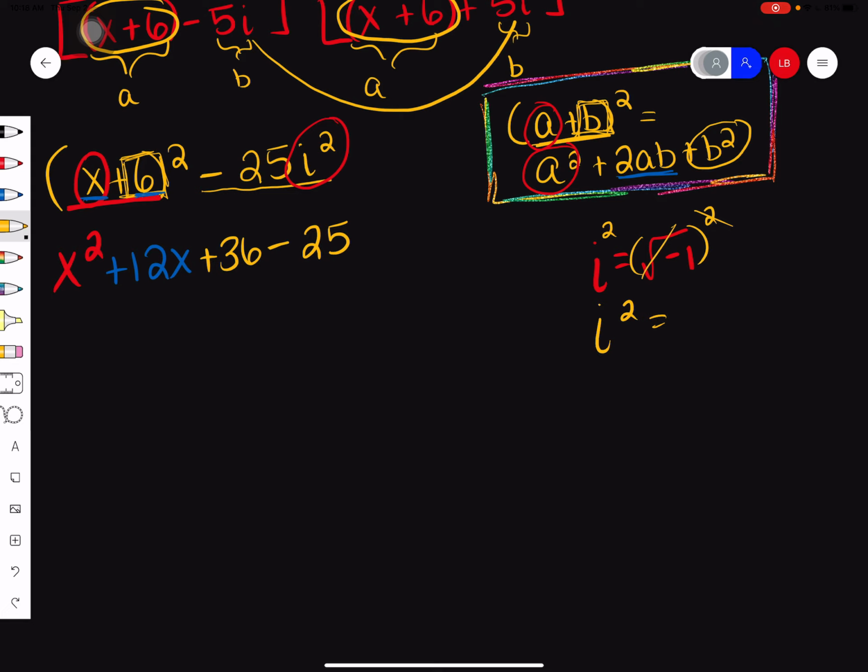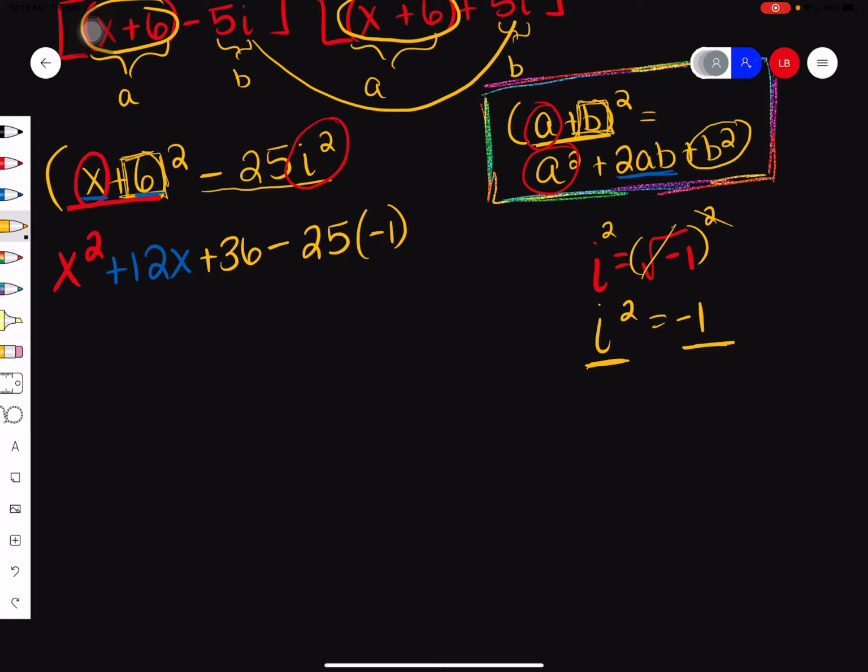They're opposites, whatever word you want to use, but they're just going to undo one another. And what you're going to be left with is this -1. So the point that I'm making here is that every time you see i squared, we're going to replace that i squared with -1. So instead of putting 25i squared, I'm going to put 25 times -1.